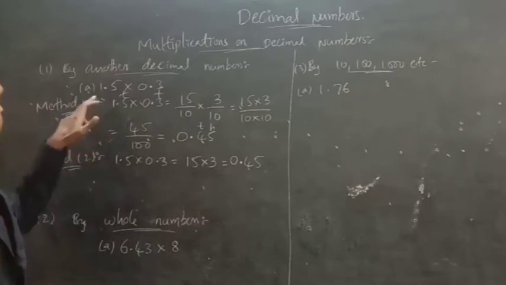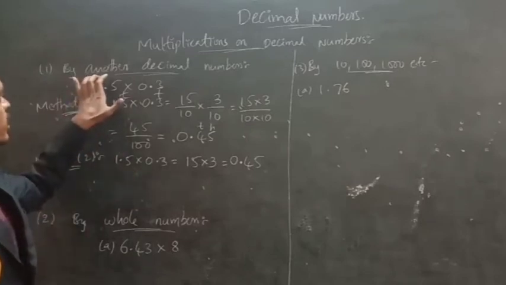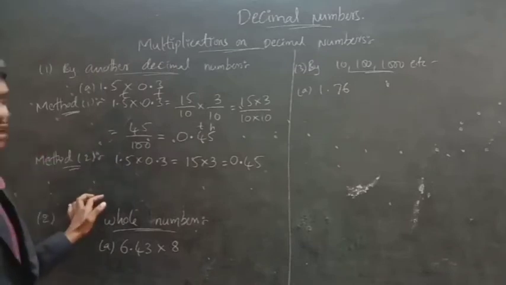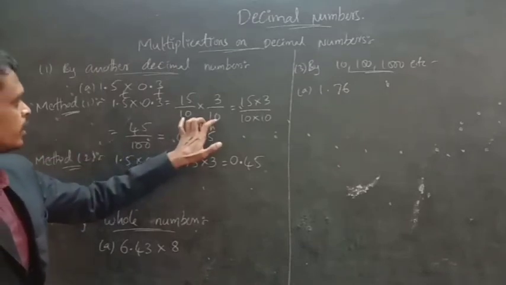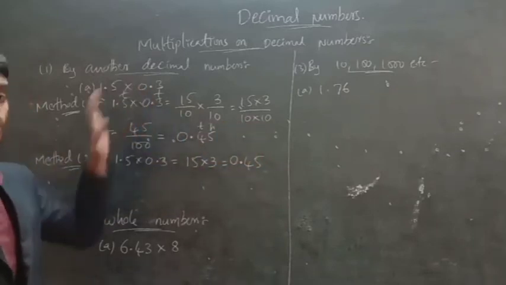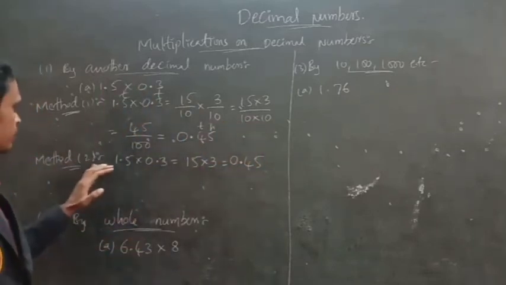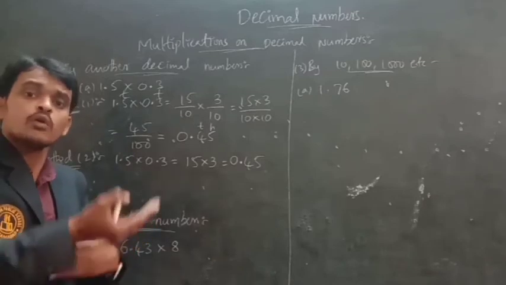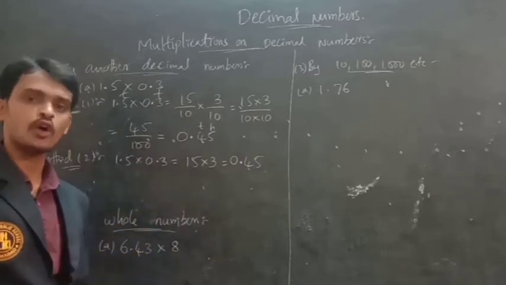In this way we multiply a decimal number by another decimal number. The first method is making them fractions, multiplying, and changing back into a decimal. The second is multiplying as whole numbers by ignoring the point.